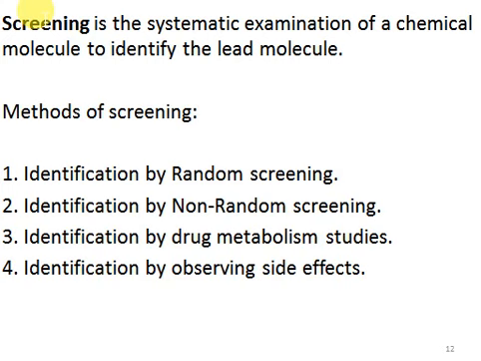Then we have non-random screening. For example, we are not getting some compound which is a lead compound by any way. So suppose that in random screening we get some hits which are not very suitable because they are not showing much better activity, but they are showing some weak activity, right? Those compounds which were showing some weak activity in the random screening, suppose that we have similar compounds to that, right? Suppose we have two compounds, A compound and B compound.